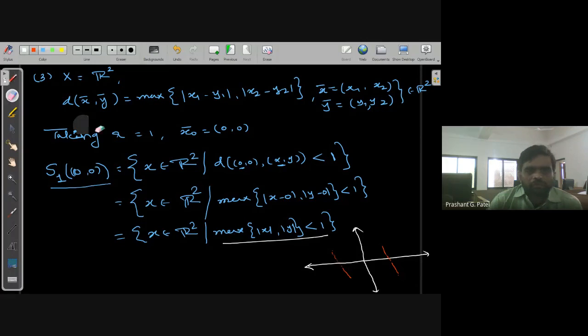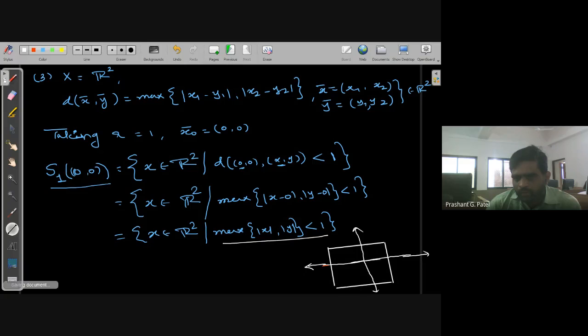I should draw straight lines; it doesn't look straight. This is your x-axis. This is the x equal to minus 1 line and this one is the x equal to 1 line. And this will be the y equal to 1 line and this is the y equal to minus 1 line. Just make sure this is a square.